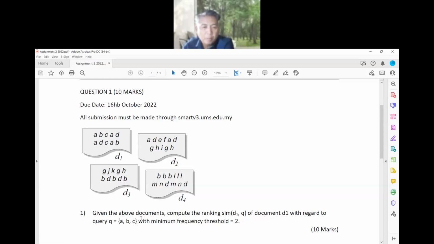So given the above document, compute the ranking similarity between D1 and Q of document 1 with regard to the query ABC. So your query now is ABC with minimum frequency threshold 2. So the first thing that you need to do is list all the possible term sets that you have. So the possible term sets will be A, B, and then C, and then AB, AC, and then BC, and then ABC.